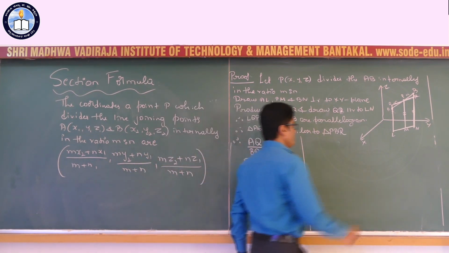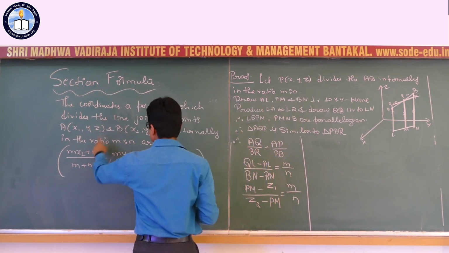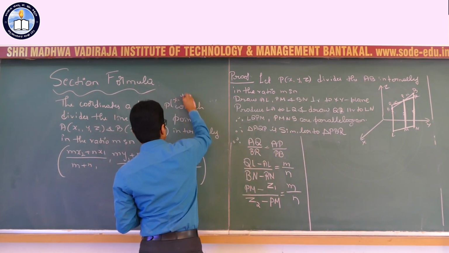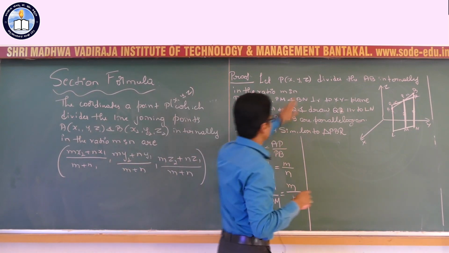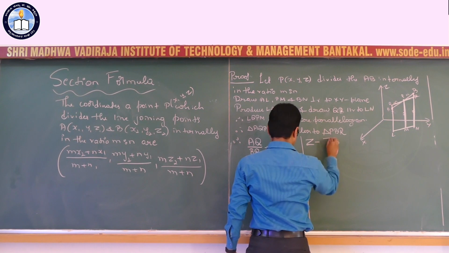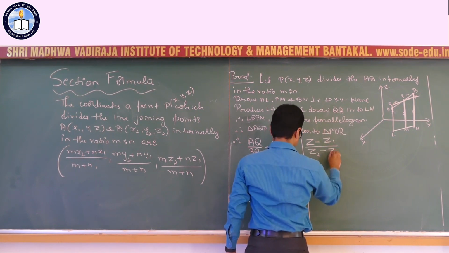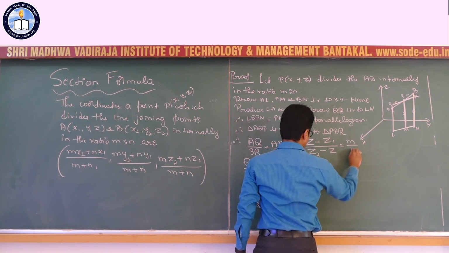Now what is PM? PM is the z coordinate of P. If I take P as x comma y comma z, what is the z coordinate of P? z. So it is z minus z1 divided by z2 minus z equal to m by n.